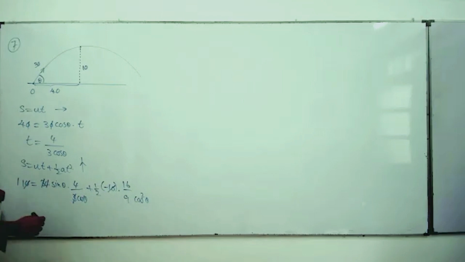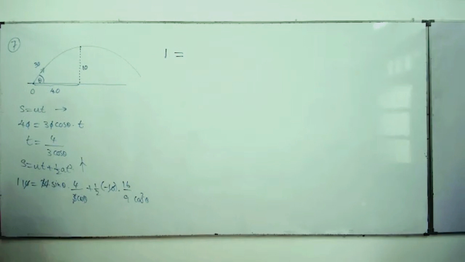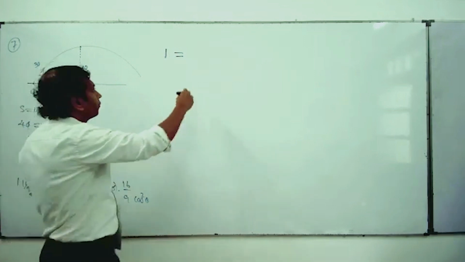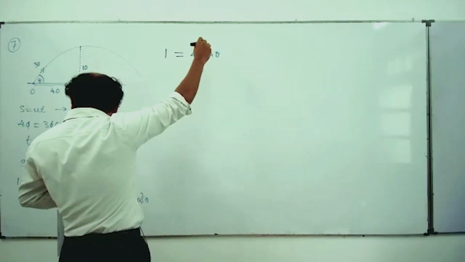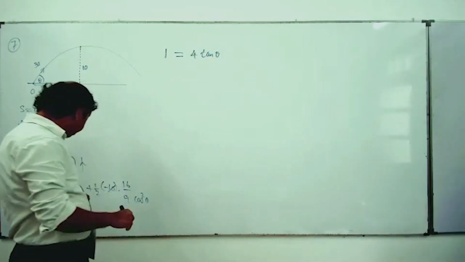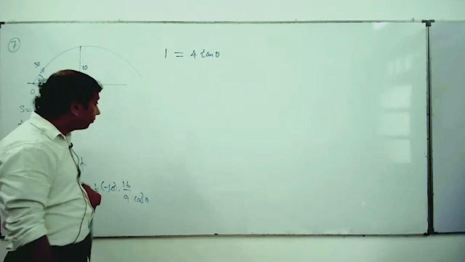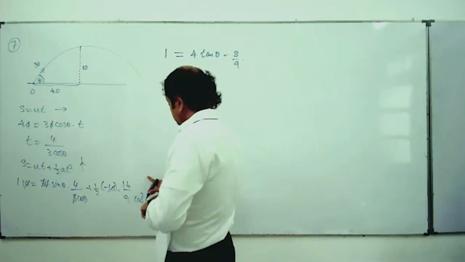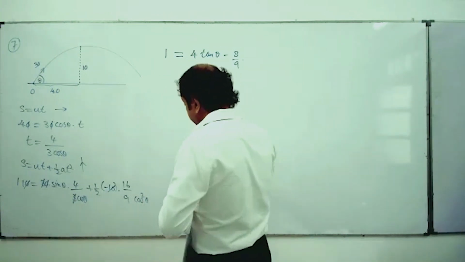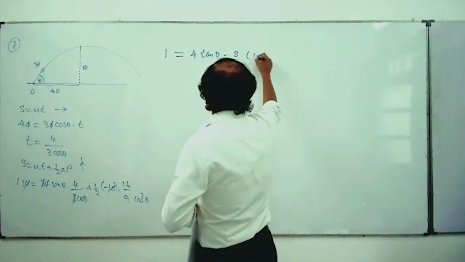Then just cancel, we have 1 equals 4 tan theta, and this and this we can cancel down, 8 by 9 minus 1 over cos square theta, which means sec square theta, correct, no? 1 over cos square theta is sec square theta. Sec square theta is 1 plus tan square theta.